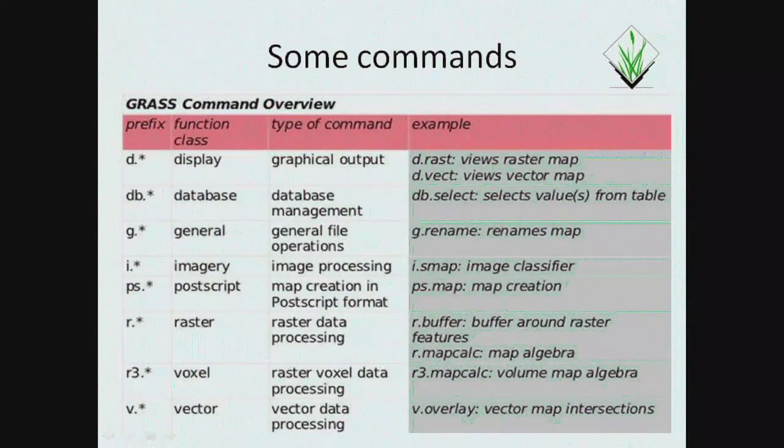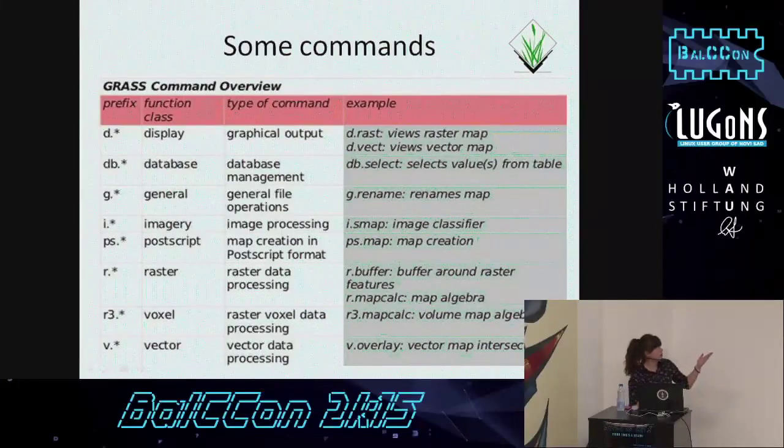For example, prefix d is used for display functions. That is a command for graphical output. Then the r prefix is for raster functions, for presenting raster data and processing it. Of course, v is for vector and processing vector data.